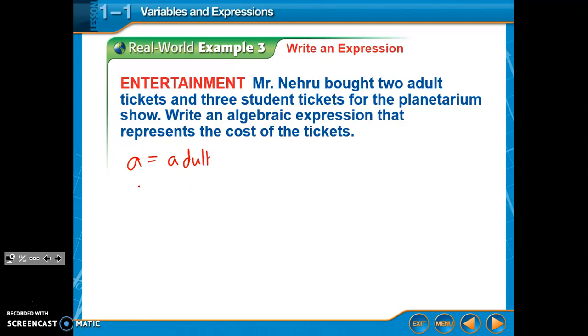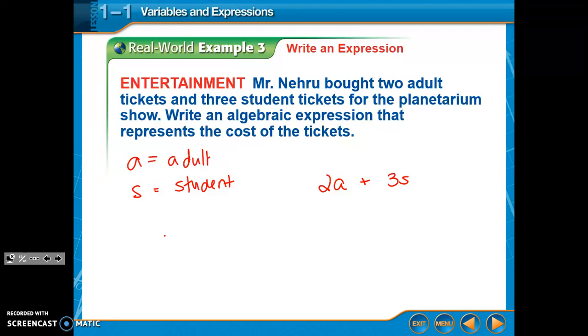And a student ticket, we're going to say student, or S. Okay, so he bought 2 adult tickets. That means he paid twice this price A. So I'm going to do 2 times A. And he bought 3 student tickets. So that means he bought 3 at this price. So I'm going to do 3 times the student, and I add them together because altogether he bought this much in adults, this much in students.